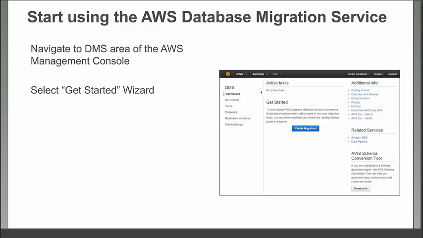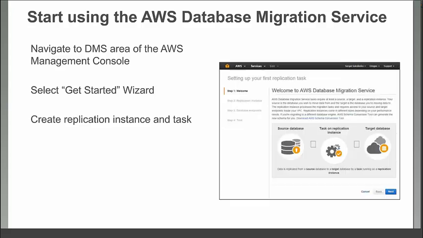Once you click on the shortcut, you'll be presented with a dashboard, and on that dashboard is a link to a wizard which simplifies many of the steps for creating a migration task. You can either use this wizard or you can use the steps I showed you in my demo, where I created a replication instance first and then set up endpoints and started a migration task. Either of these options will work.